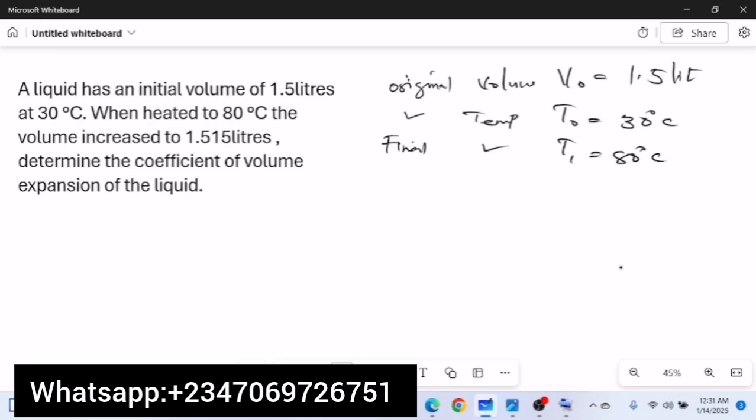The volume increases to 1.515 liters. So final volume, which is V1, is 1.515 liters. We are asked to find the coefficient of thermal expansion.